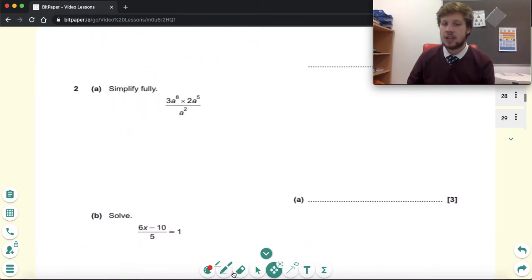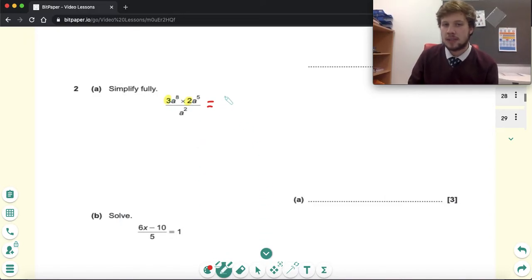For the next question, I would always break this down. It says simplify fully, and I have some indices and some values, so I'm going to do this in 2 steps. I'm going to look at the numerator first, and I'm going to see that there's a 3 and a 2.